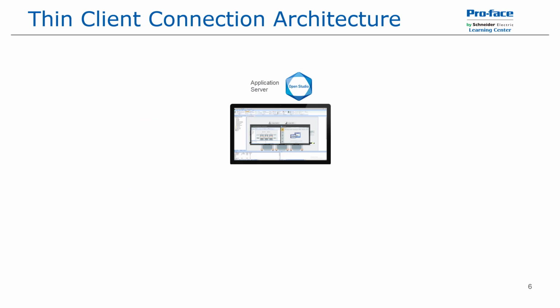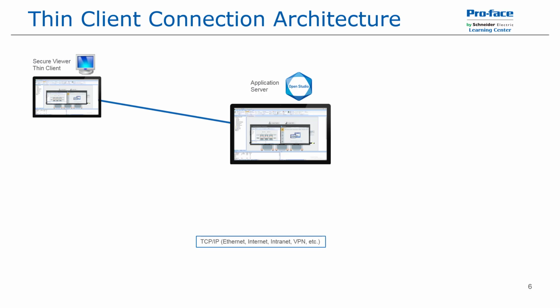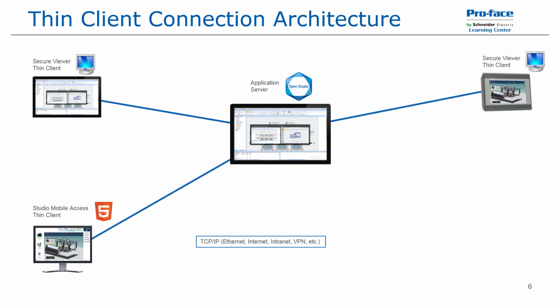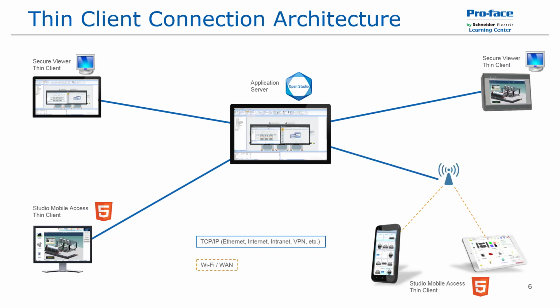For a visualization of how thin clients connect, we have in front of us here the application server where the Blue Open Studio application is running. We can connect over TCP/IP over Secure Viewer to another station, or use Secure Viewer on a separate HMI, or we can use Studio Mobile Access, which supports HTML5 on a desktop PC, or over wireless to any mobile or smart device.